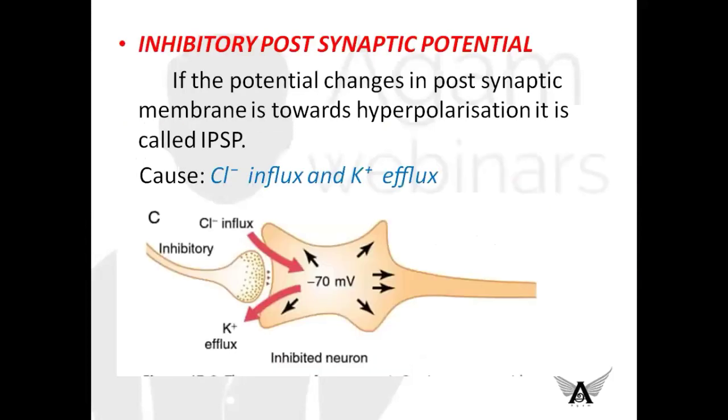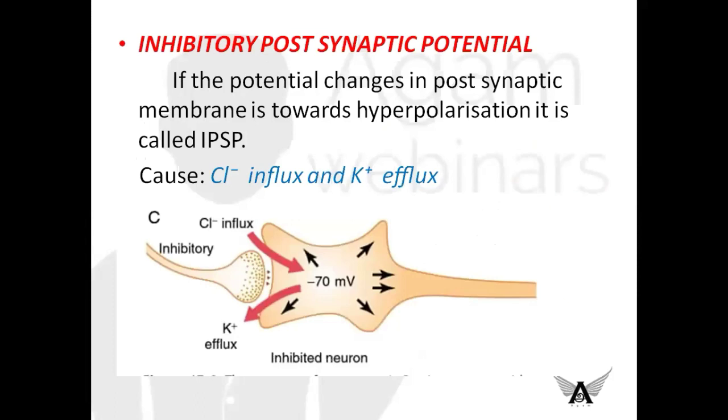What about inhibitory postsynaptic potential? If the potential change in the postsynaptic membrane is towards hyperpolarization, it is called IPSP. Whenever an inhibitory neurotransmitter is released from the presynaptic neuron, it causes opening of chloride channels. Chloride is an anion, so the resting membrane potential moves towards a more negative value.